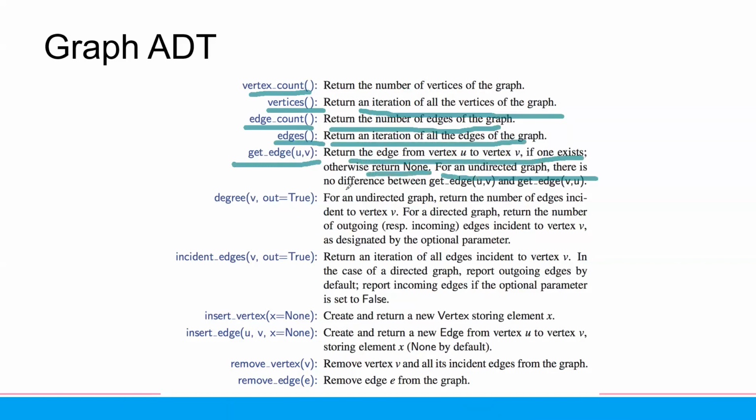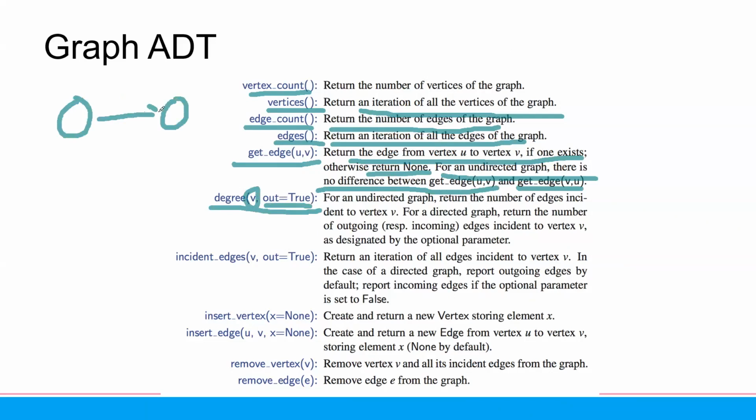For an undirected graph, there is no difference between get edge u comma v and get edge v comma u, because there is no direction. If we use degree, v comma out equals true, I want to know the degree of v, and it is only out. If we have an undirected graph, it is okay.